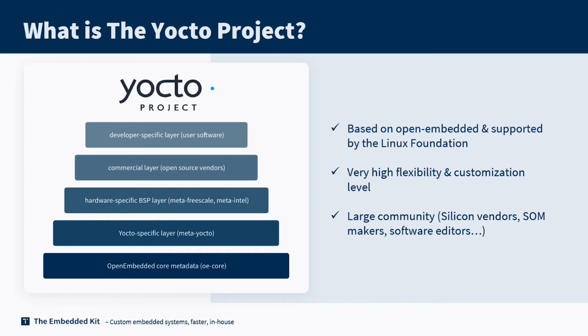And then you go to your hardware specific levels, which is, say, for example, Meta Freescale, Meta Intel, Meta IMX, Meta Xilinx. These are your hardware based ones developed by silicon manufacturers. So that way, all of the hardware that you want to run on is accessible by your Yocto project and your embedded Linux image by the end of this project.